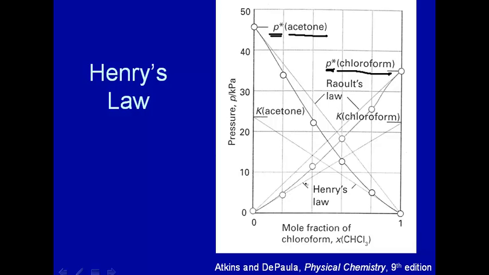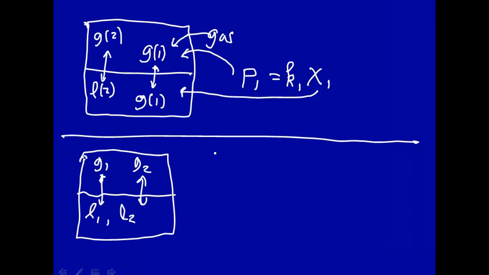Another way to look at that is you draw a straight line tangent to the data at low concentration. So at low concentration, where we're considering the solute, the vapor pressure above the solution is proportional, by Henry's law, to the concentration in the solution.